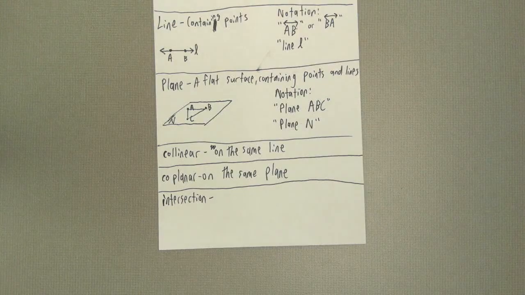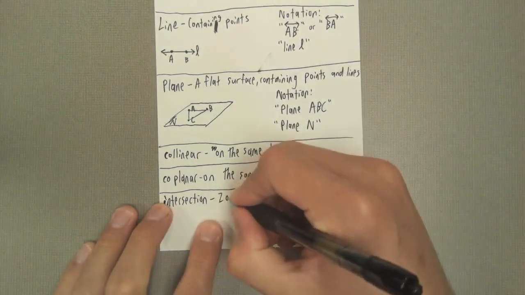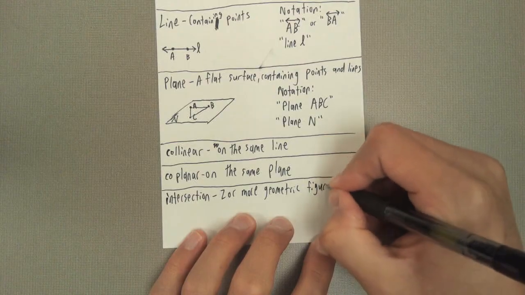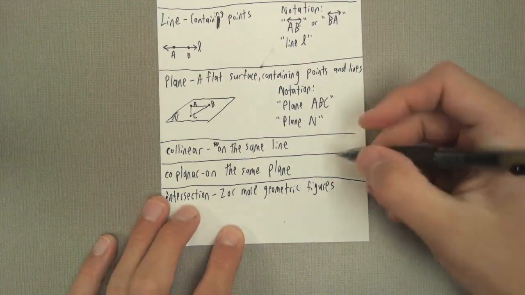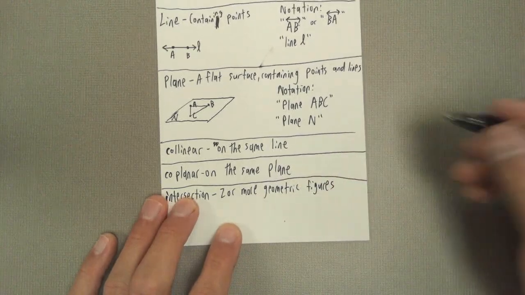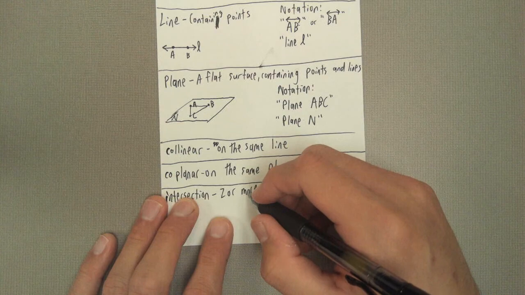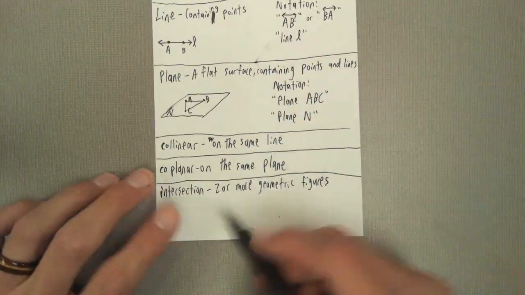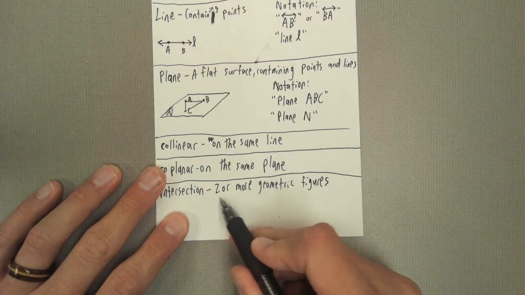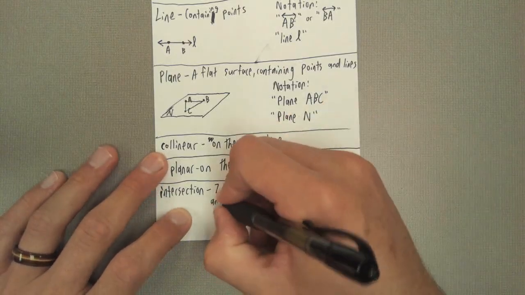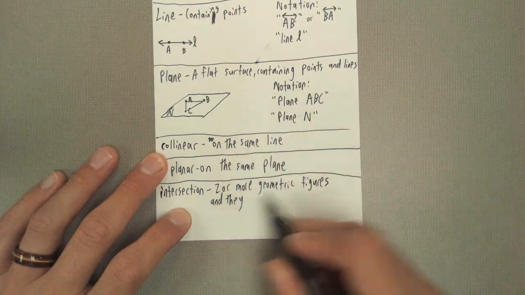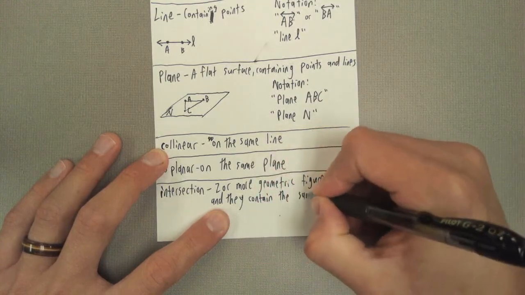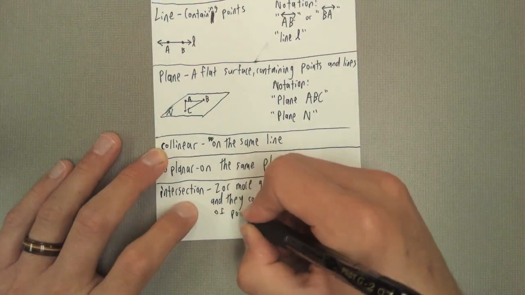By the technical definition, the intersection is the set of all points when there are two or more geometric figures, and they contain the same set of points.